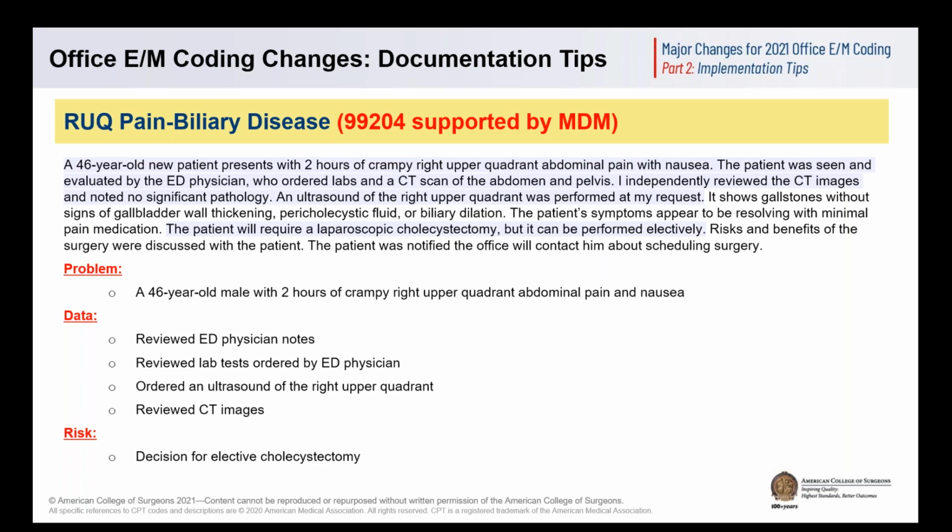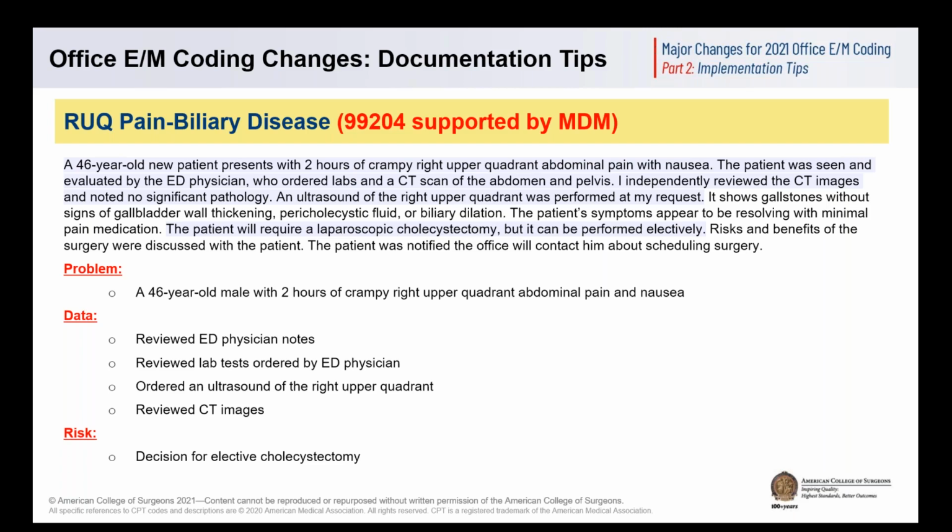The surgeon evaluates the CT images before the report is back, and the surgeon performs an independent interpretation of those images and notes that there's no significant pathology. So a right upper quadrant ultrasound was ordered by the surgeon. That shows gallstones, but there's no signs of acute cholecystitis. And while all of this is happening, the patient's symptoms are getting better.